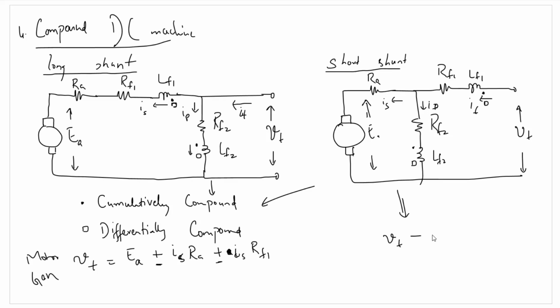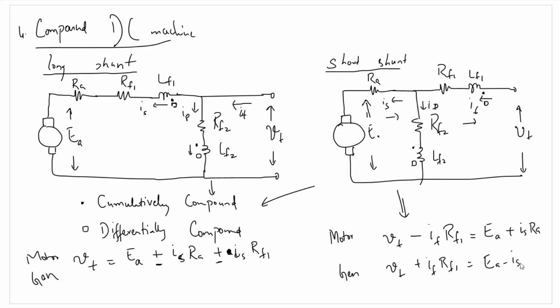Vt minus IF RF1 will be equal to EA plus IS RA. In case of a motor. In case of a generator, since the direction of currents will now be like this, Vt plus IF RF1 will be equal to EA minus RS.